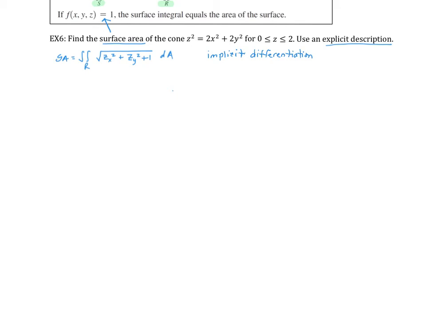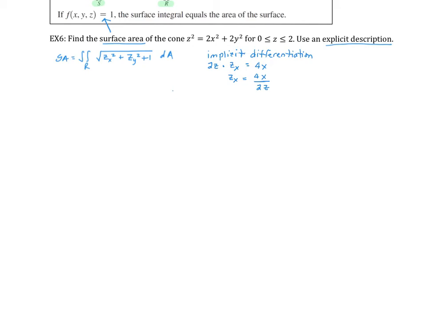If I take the derivative of z squared and z is my function, it becomes 2z times the partial derivative, if I'm taking the derivative with respect to x. And on the other side, it's going to be 4x. Or in other words, the partial derivative with respect to x is equal to 4x over 2z.